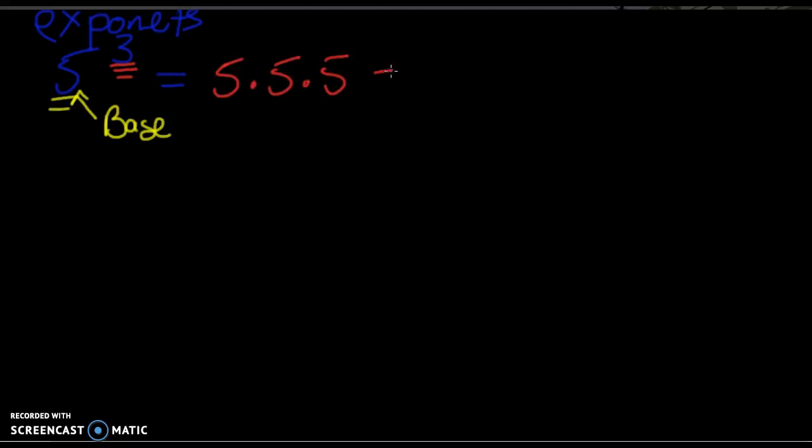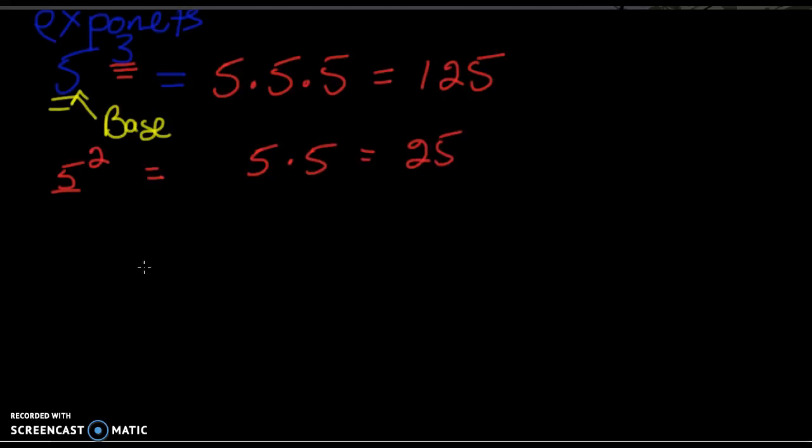And we can do a little bit of mental math or break out our calculator, and that means we're going to come up with a number of 125. Now, if we take 5 to the second, same base still, that means we're going to multiply the number 5 twice, and we get 25. And if we raise it to the first power, we get just plain old 5.